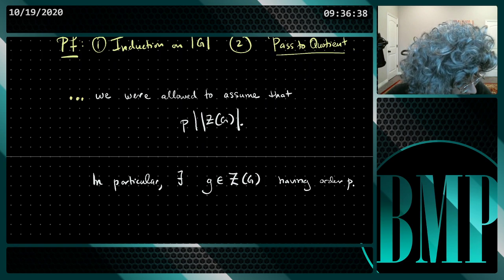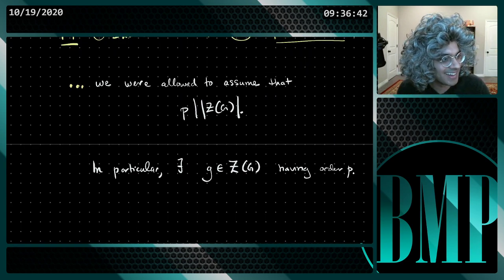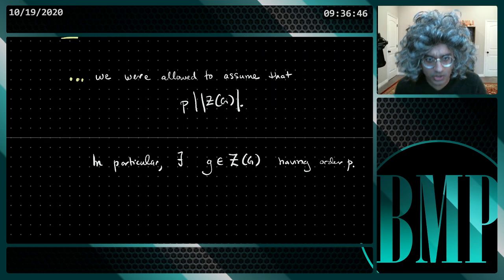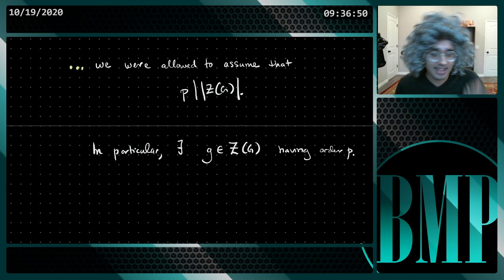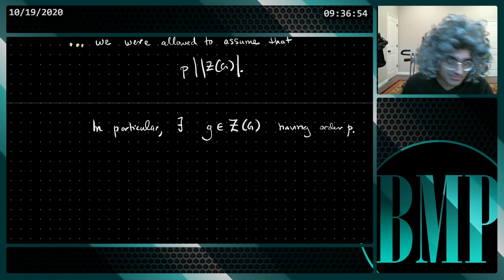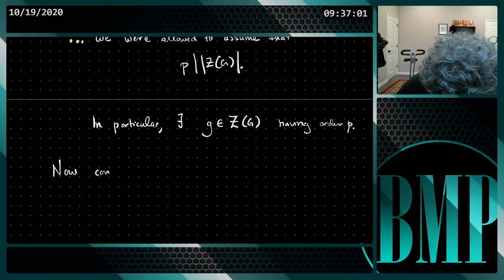Okay. So that's the conclusion we'd arrived at. And now what I'm going to do is pass to the quotient by g. All right. So now consider the quotient.